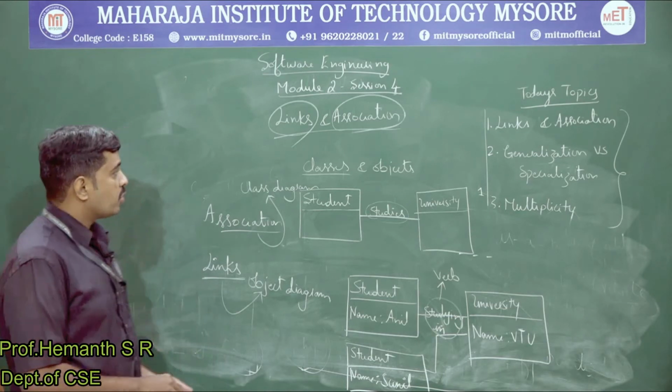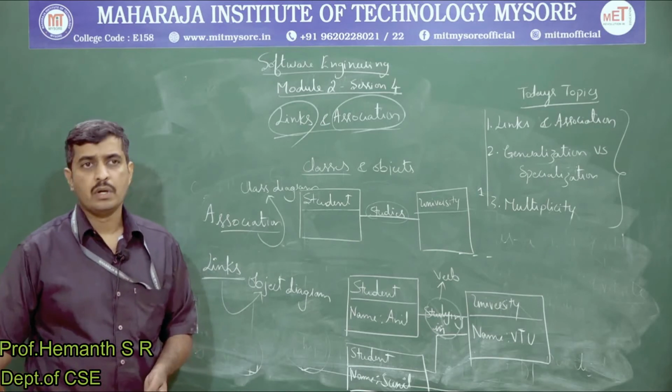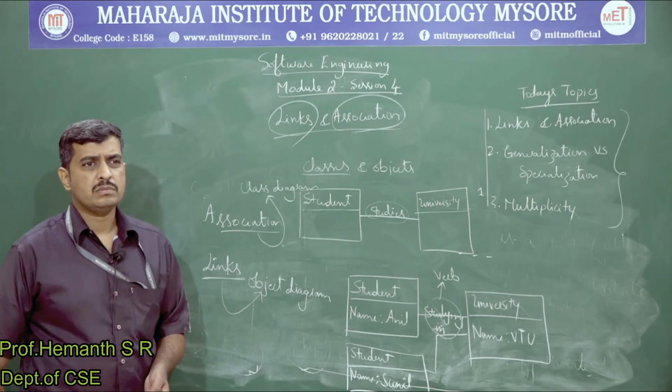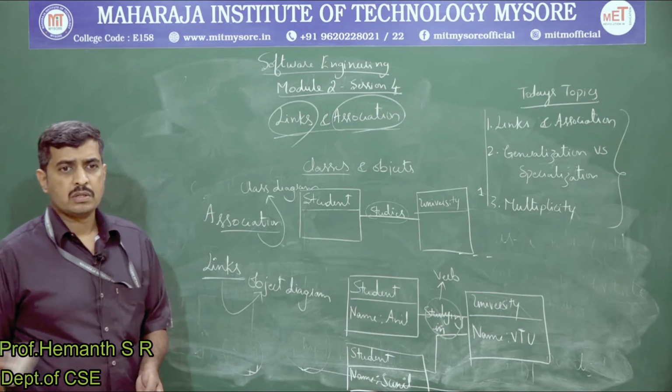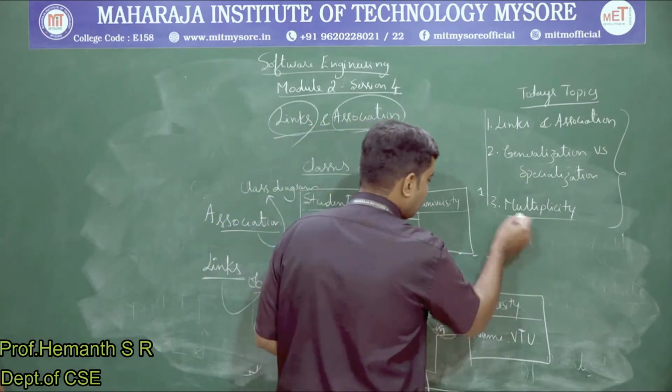Okay. So this was links and association. So in the last part, multiplicity. What exactly is multiplicity?